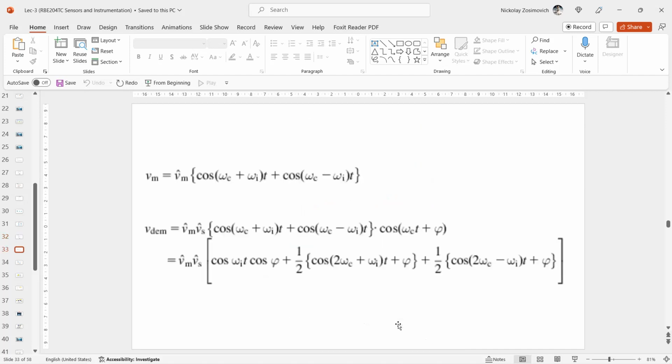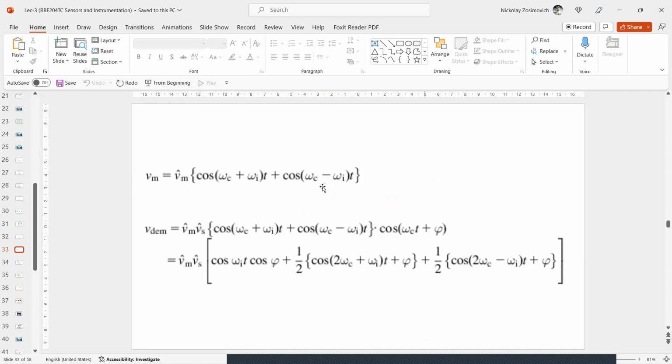Assume a modulated sinusoidal input signal with suppressed carrier, as you can see in our first equation expressed as Vm. This signal Vm is multiplied by a synchronous signal with a frequency equal to that of the original carrier and the phase angle phi. You can see here at the bottom.